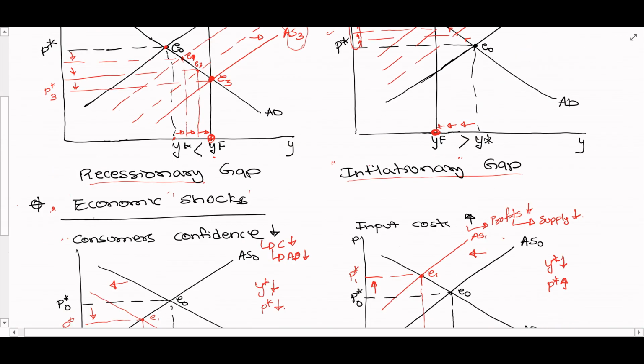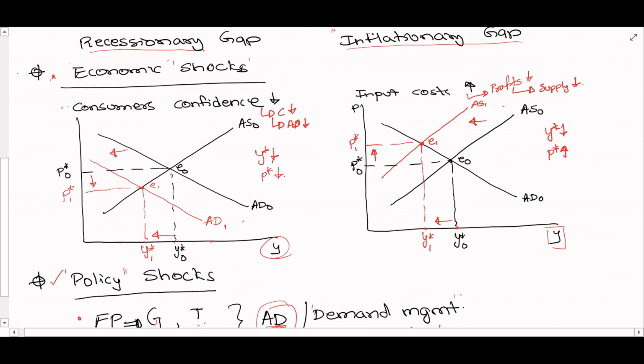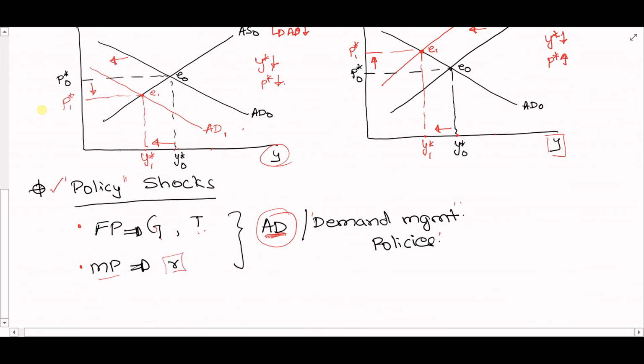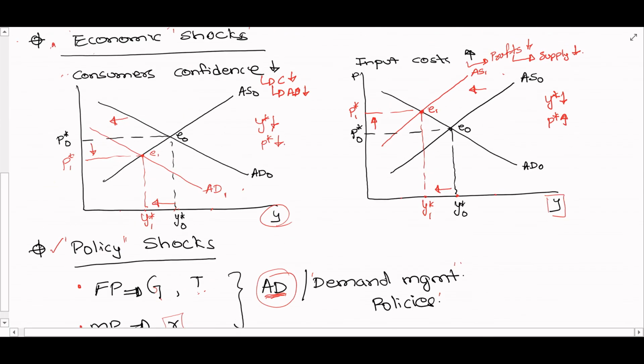So policy shocks are more intentional. They are intended to create more jobs, or to control prices or keep inflation under control. And hence we would want to be mindful about the difference between economic shocks and policy shocks, which are more of a policy response to economic shocks or a policy response to the self-correcting mechanism.